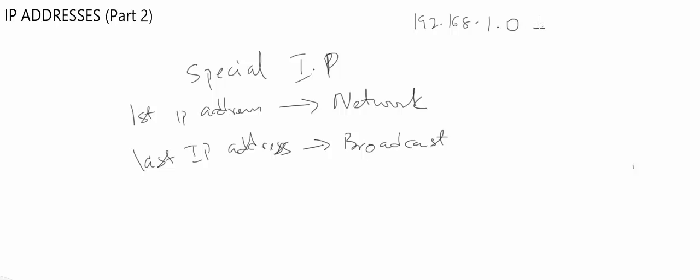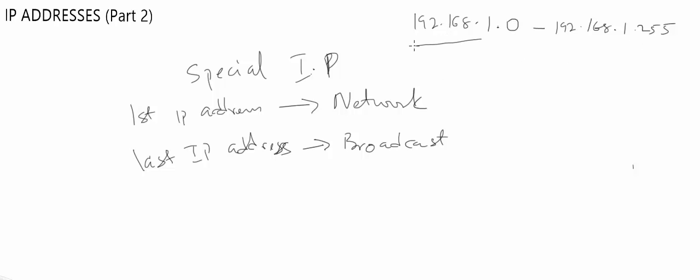The last address in this range is going to be 192.168.1.255. Now I can put my slash 24 here.